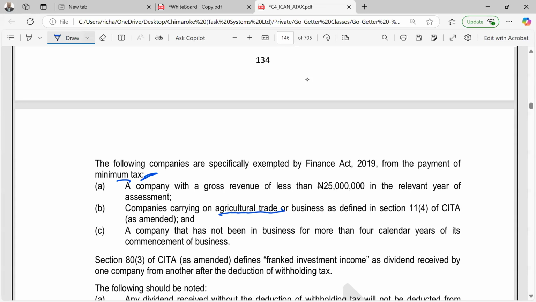Then, if you have been in business for less than 4 calendar years, which is 48 months, you will be exempt from minimum tax, which means that if you are having a gross turnover of 25 million or more, you are supposed to pay minimum tax. But if you are within your first 4 years, it will be exempted.